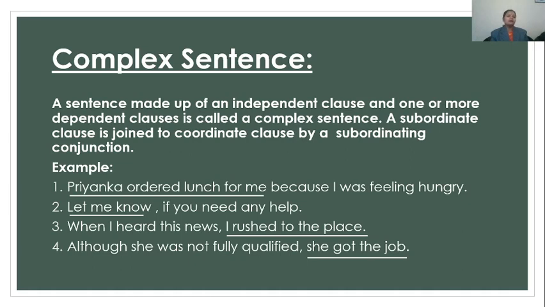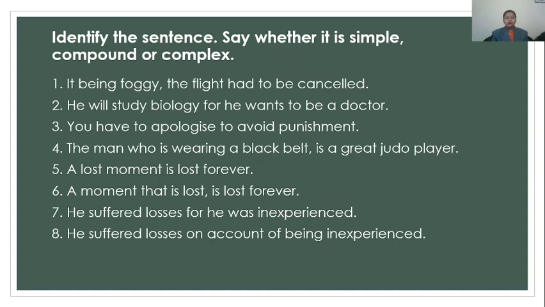So if you learn these, by looking at the conjunction you can easily understand whether the sentence is compound or complex. But this is easy only if the sentence has only two clauses. If there are three or four clauses in a sentence, you have to understand whether they are all independent or dependent. Clear?